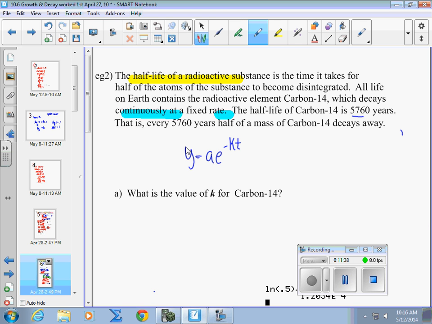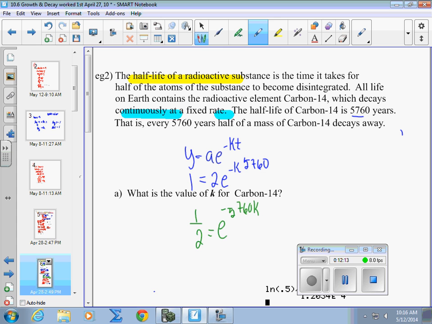So if we start with 2, what is the time? The time is 5,760 years. The remaining amount is 1, because it's half of what was there, similar to the caffeine, right? Put all this in. That 1 half is equal to e raised to the negative 5760 K.